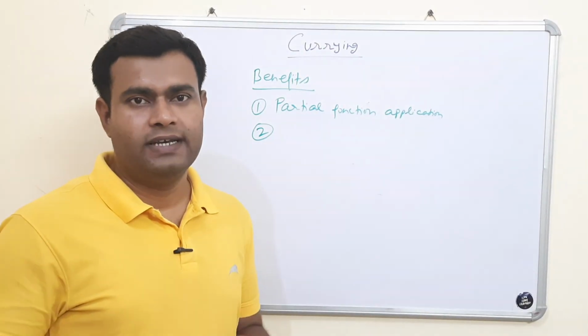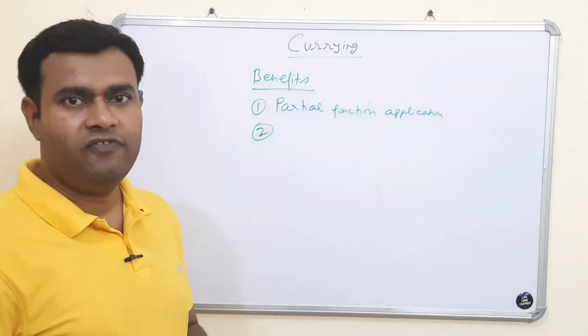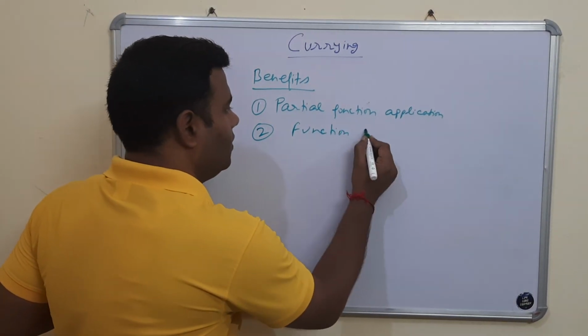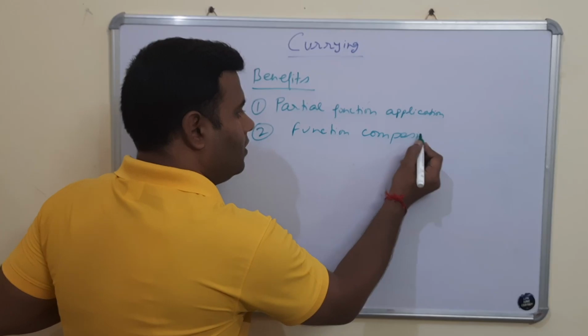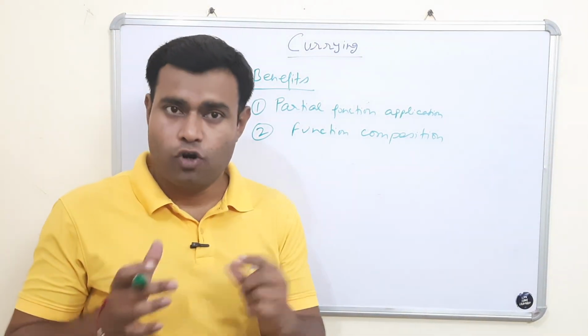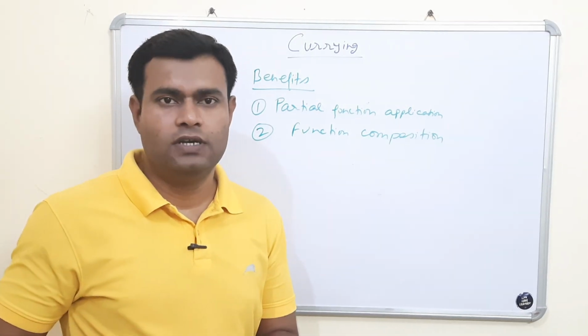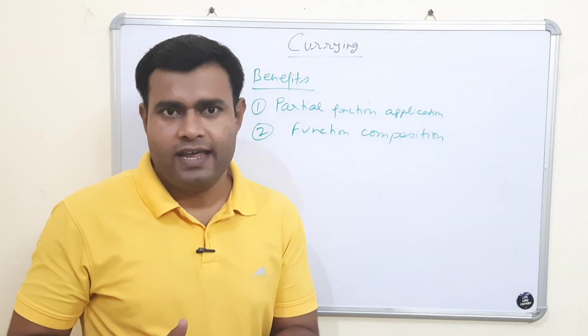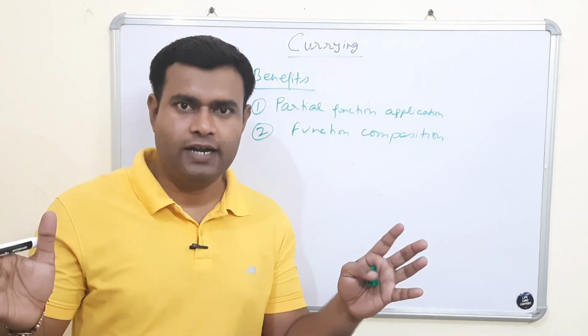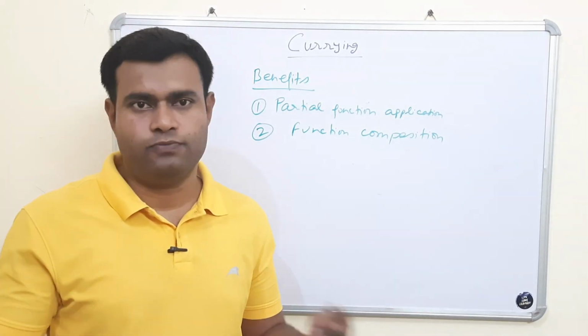Now let's talk about the second benefit of currying, which is function composition. What is function composition? It is like building a complex function using small, simpler functions. It is just like the opposite of OOPS. In OOPS, we build a bigger object, which is a composition of smaller objects.